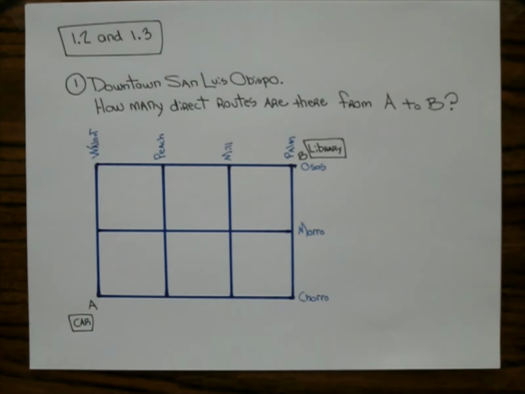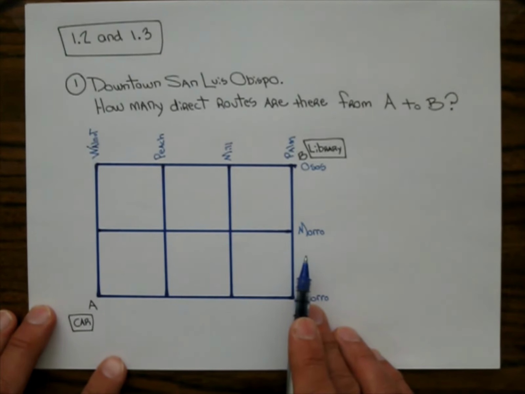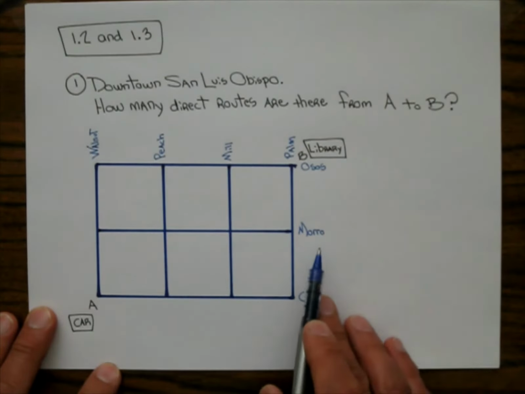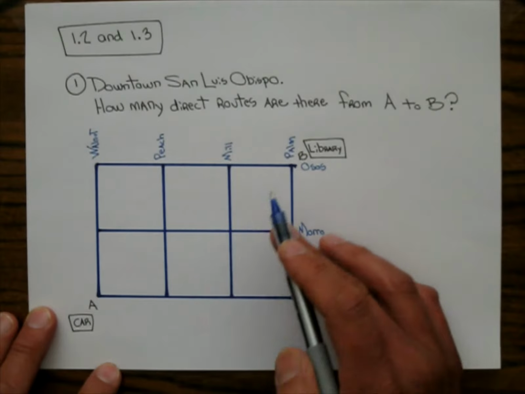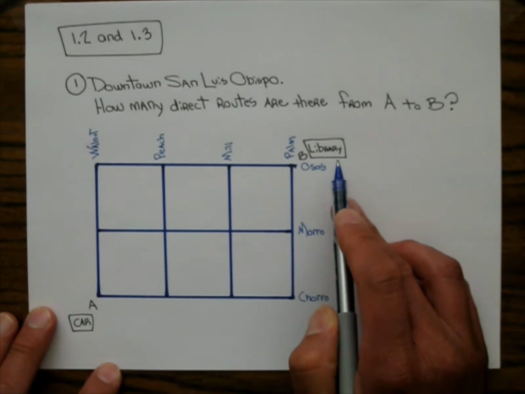Okay, 1.2 and 1.3. I drew part of downtown San Luis Obispo, and here is Chorro, Morro, Osos. Those are streets, and then we have Walnut, Peach, Mill, Palm. And at the corner of Palm and Osos is the library.